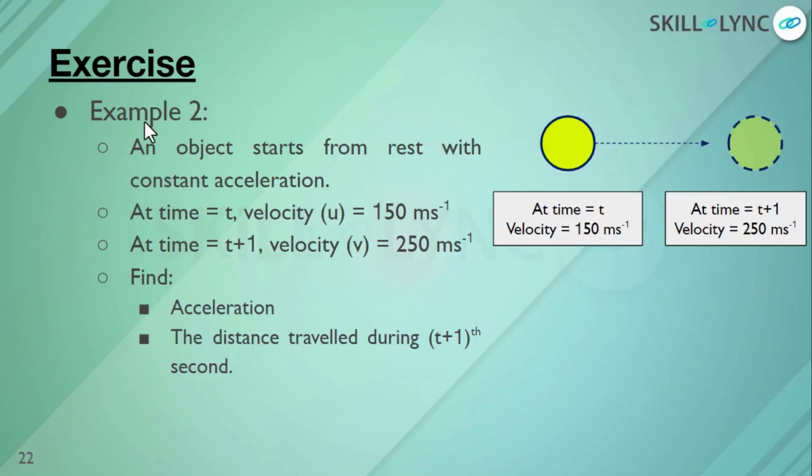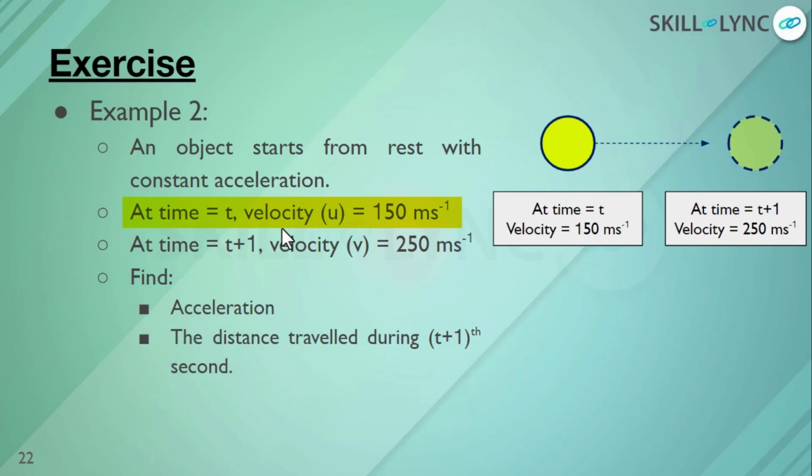Let's get into the second example. The question is, an object starts from rest with constant acceleration. Okay, so this is the object and this is moving with a constant acceleration. Let's see how. At time t, velocity is u, that is 150 meter per second.